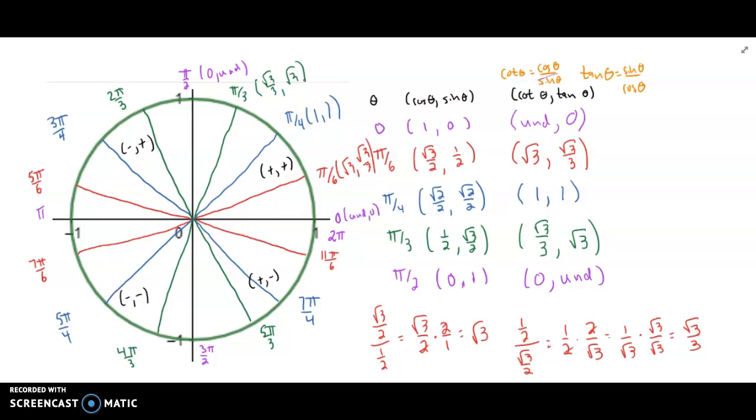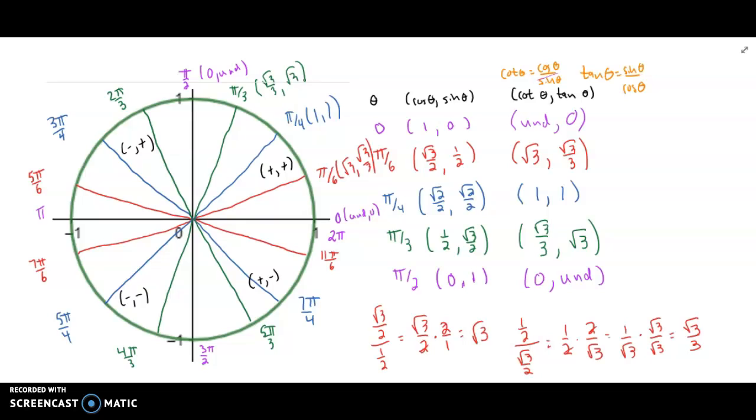So when we're looking at the values in the other quadrants, we are going to have to keep in mind what the values of sine and cosine are, whether they're positive or negative. But instead of just saying, oh, well, the cosine's negative in this quadrant, so the cotangent should be negative as well, it doesn't quite work out that way. We want to know effectively, do the cosine and sine have the same sign, S-I-G-N, or different signs?